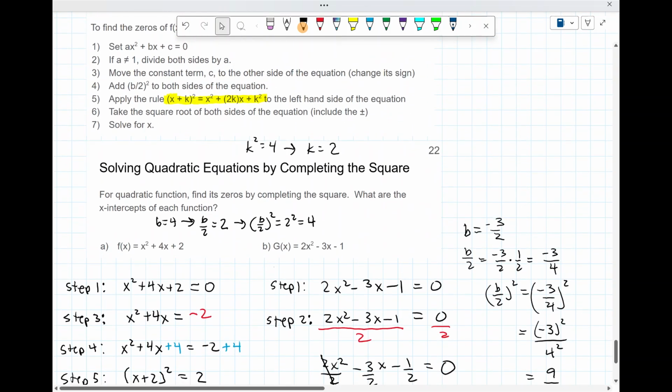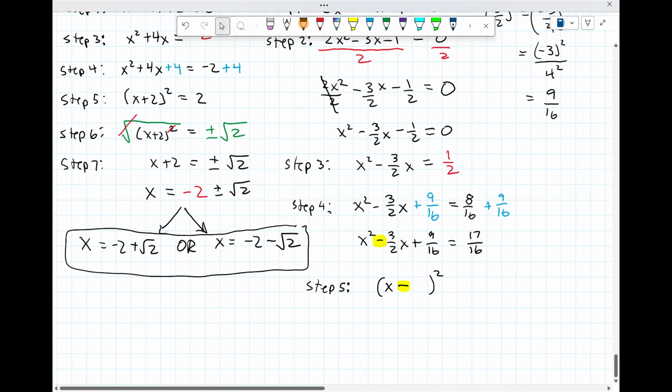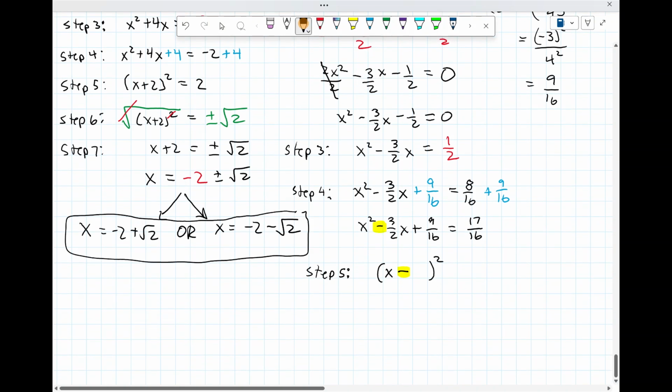So I'm looking at this rule right here, and in particular, I know that whatever this number is squared, I'm going to take the square root of it, and that's what goes underneath here. So the square root of 9/16 is 3/4.